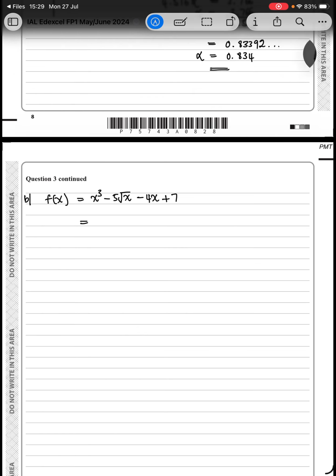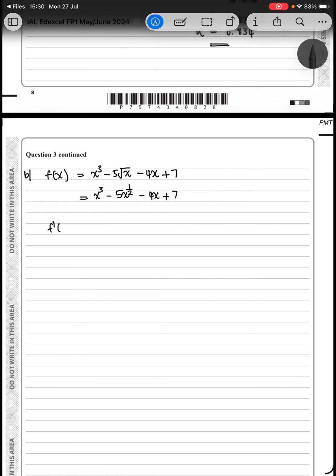And let me also rewrite it in a form so that it's easier to differentiate. So x cubed will be as it is, and I can write minus 5 square root of x as minus 5x to the power half, and minus 4x plus 7.